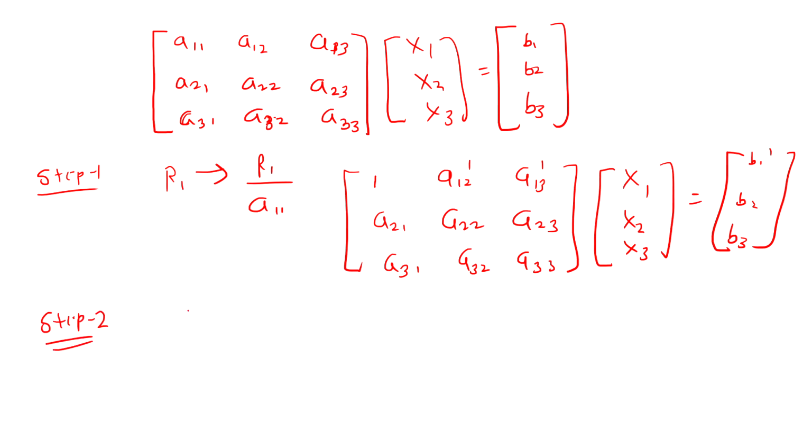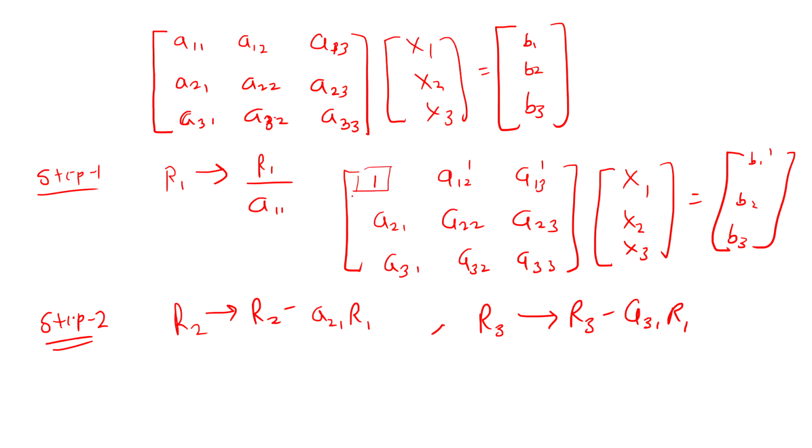Step 2 will be R2 = R2 minus A21 times R1, and R3 = R3 minus A31 times R1. So we are trying to make this element and this element 0 by taking this one as the pivot. So this is my first pivot.